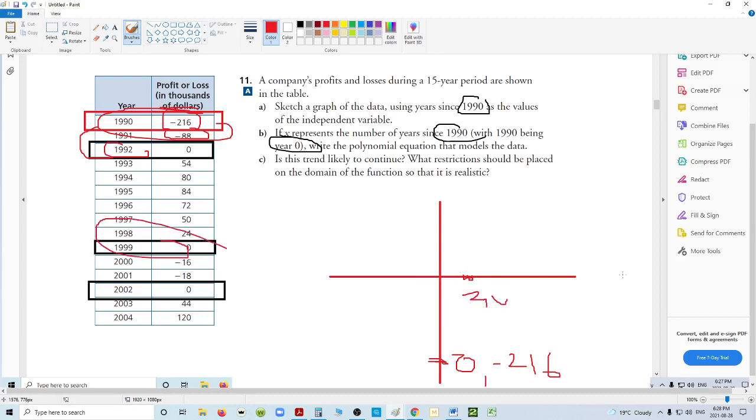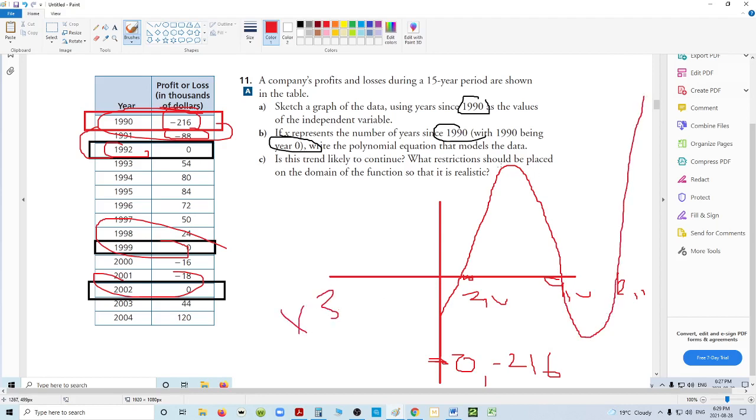This represents 9 years later, so it has an x-intercept of 9, comma, 0. And this represents 12 years later, so it has a 12, comma, 0, which means it's going to come up, go through 2, 9, comma, 0, go way up high, come down through 9, comma, 0, and then go back up. So we're talking about a cubic with 2 turning points and 3 x-intercepts, and we have a clean point.